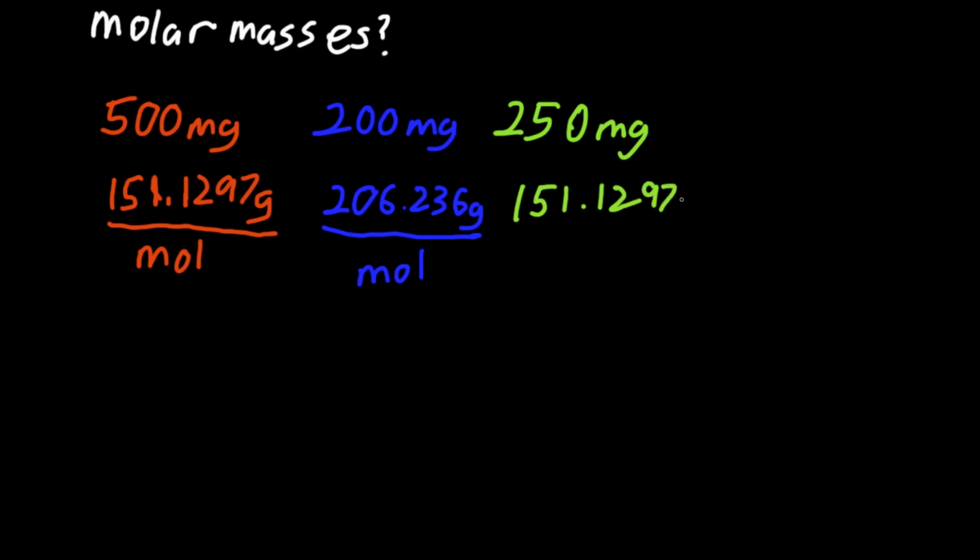Taking our calculated masses, the atomic masses translate into how many grams of a unit substance contain a mole of atoms.